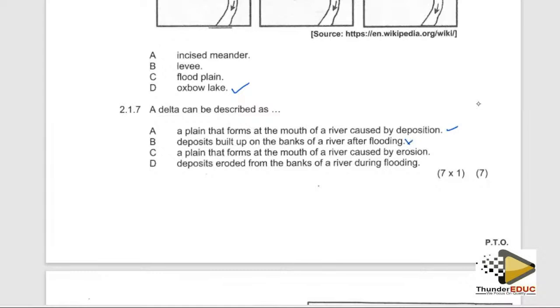It doesn't form at the banks of the river. A plain that forms at the mouth of a river caused by erosion. No, it is not because of erosion. Deposits eroded from the banks of the river. No. So option A is correct because the delta forms at the mouth due to deposition.